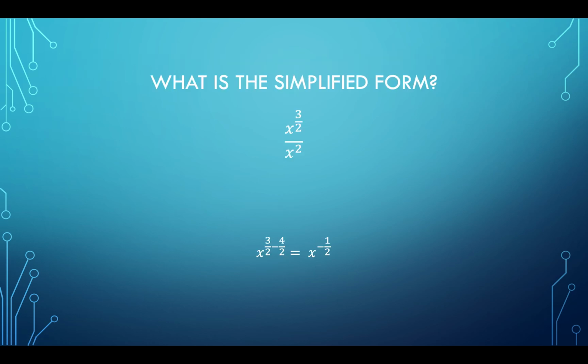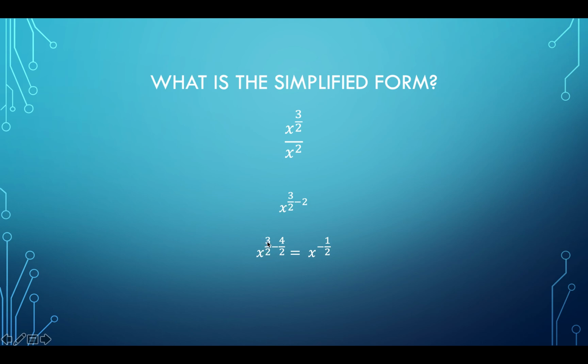What is the simplified form? Here we have x to the 3 halves power divided by x squared. What we do here is, it's okay that we have a fraction, we can still subtract a fraction from a whole number. So we go ahead and do x to the 3 halves minus 2 power. We can't do 3 over 2 minus 2, it wouldn't be 1/2.